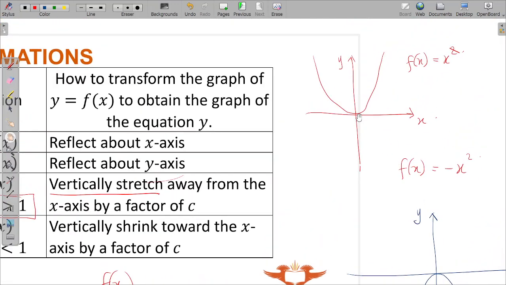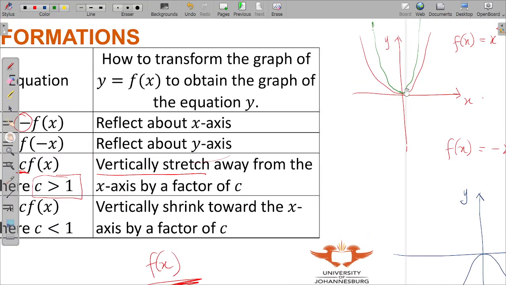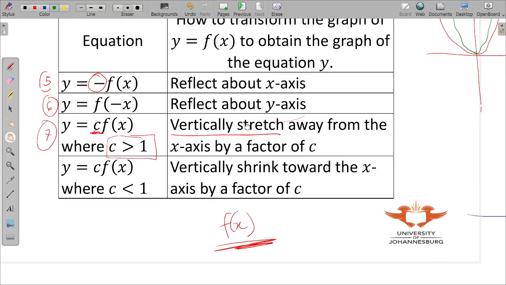If it is like this before, then it will be something like this. So that is when we multiply by a constant with a factor of c.